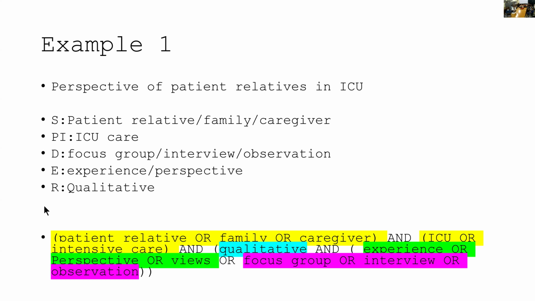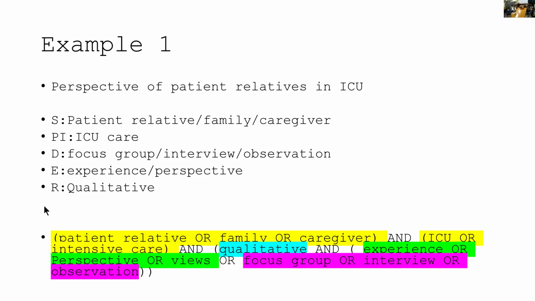Suppose it's a rare question. Then if you put in PICO, you get only two or three articles. You say, oh, my study question is too specific, let me broaden it out and get some more articles. Let me be more sensitive. On the other hand, you're doing a qualitative study and you get 10,000 abstracts. Then your search strategy is too sensitive, so let me make it more specific and narrow down.